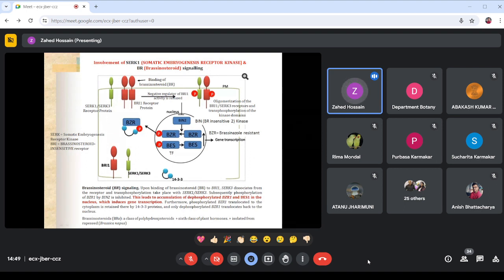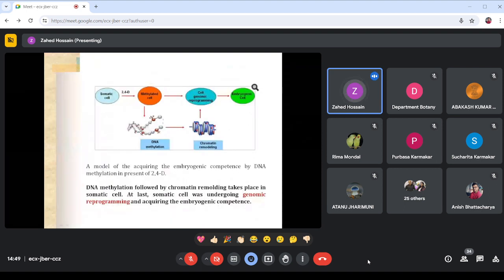But apart from this SERK-BR signaling pathway, some groups believe that DNA methylation followed by chromatin remodeling is responsible for the genomic reprogramming, which leads to the formation of the embryogenic cell. Once you treat with a high dose of auxin, there should be a genetic reprogramming so that the somatic cell becomes embryogenic.